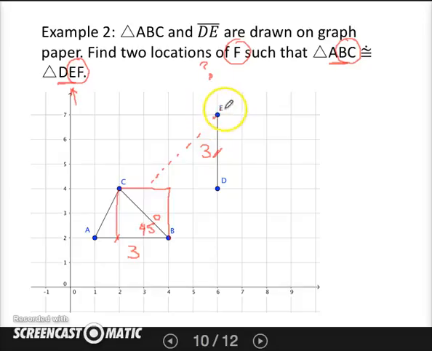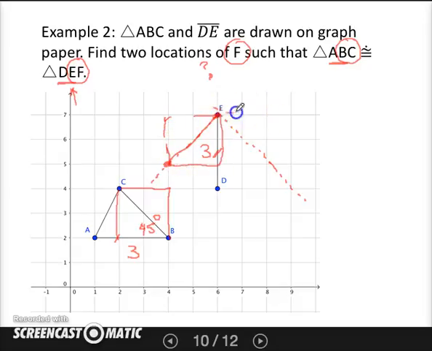But wait, I could also make a dotted line over here that would make a 45-degree angle with point E. So it looks like there's 2 possibilities here. We just said that side BC is the diagonal of a 2 by 2 square. So if I'm going this direction, I could make this diagonal, this 2 by 2 square here.